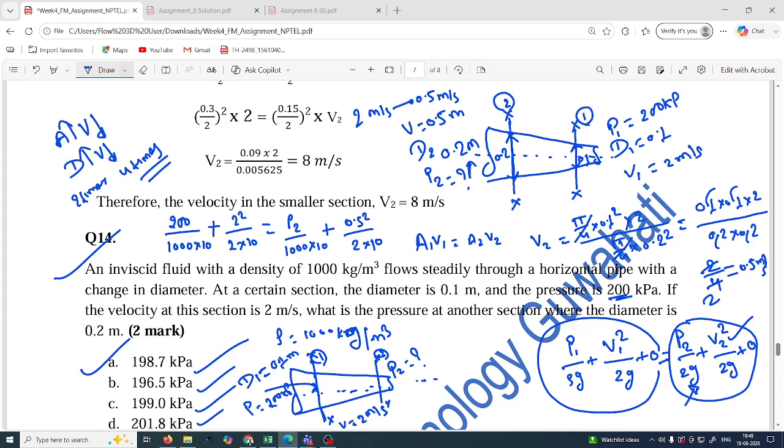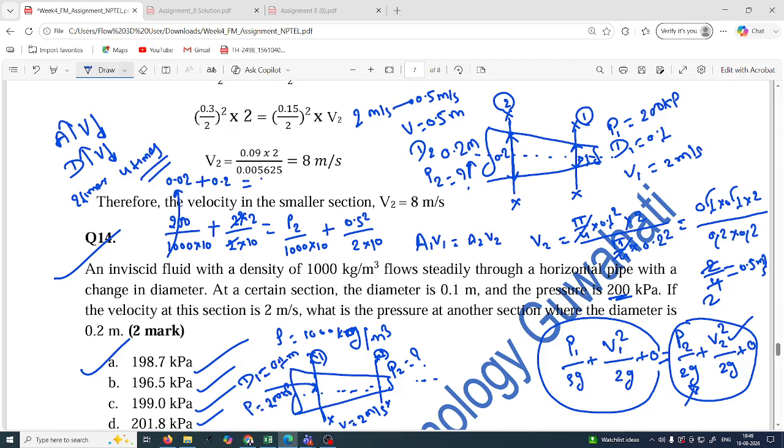So this will give you 0.02 plus this is 4, so 0.2 is equal to, because 2 into 2 square means what? 2 into 2, 1 to 2 will be cancelled out, so 2 by 10 is nothing but 0.2.